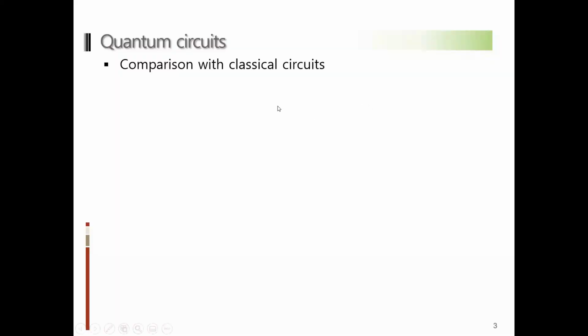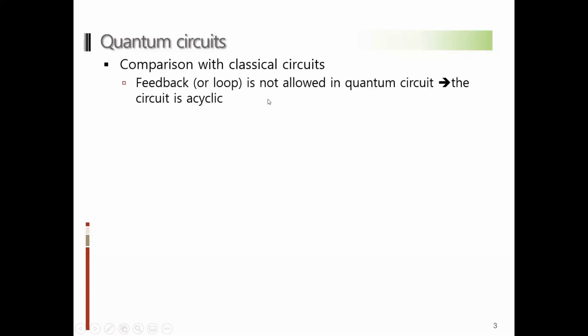If we continue the comparison with the classical circuit, one important thing is that when you learn digital logic for the first time, typically you learn combinational logic first, and then you learn about sequential logic.